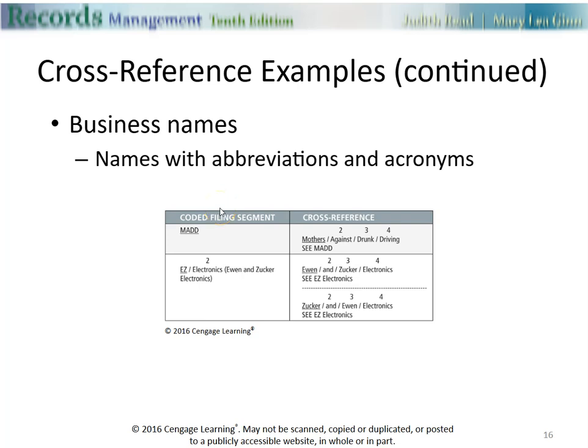Just to review, make sure that you use alphabetic order and follow rules 1 through 4 for names, minor words, punctuation, and abbreviations, as well as those cross-references. Also, I strongly recommend that you try out the self-check that I've posted online.